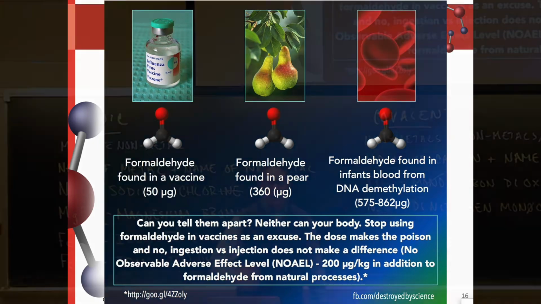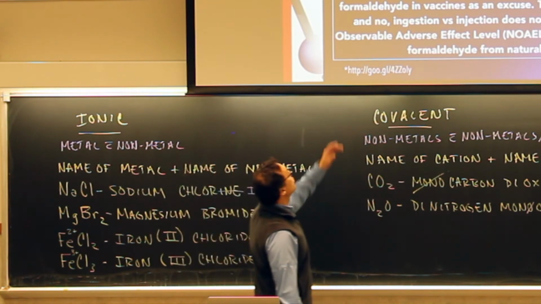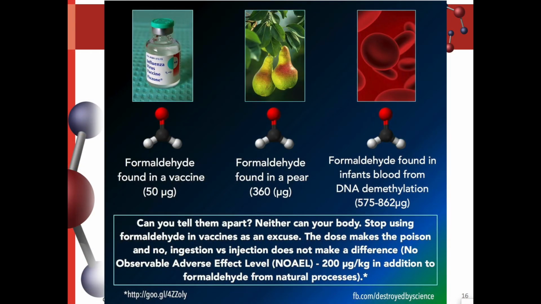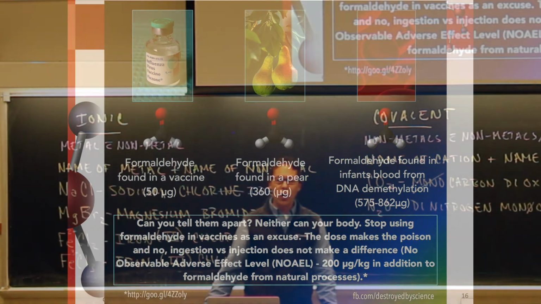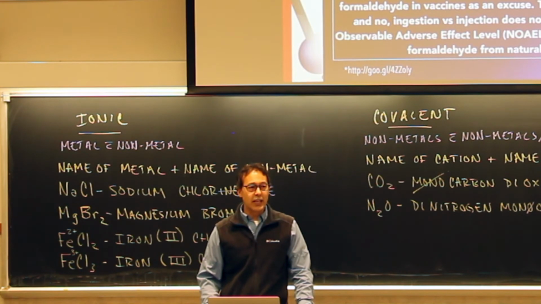Now, here's one for you, formaldehyde. Formaldehyde is a preservative that is used in vaccines, like 50 micrograms per dose. And when people heard about this, they're like, what? That's that stuff they stick in the dead cat in biology lab, and you want to stick it in my kid? Whoa, no way, we're not doing that.